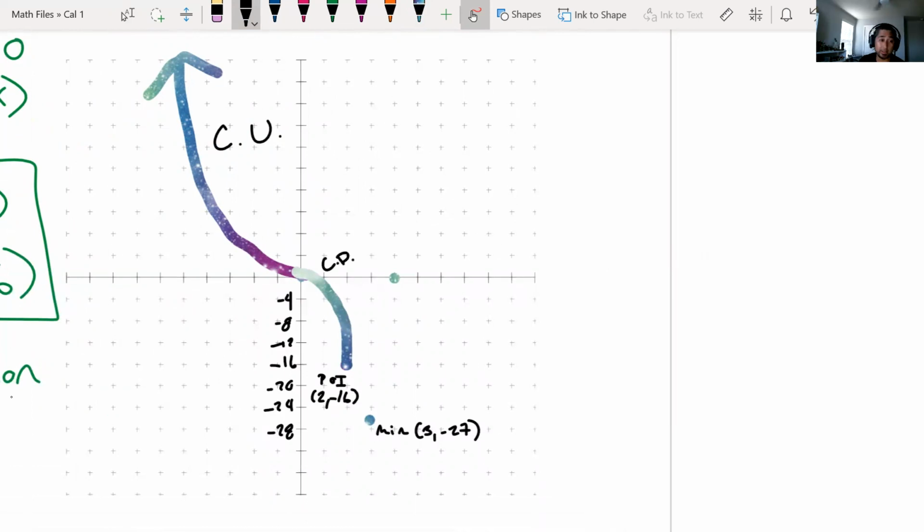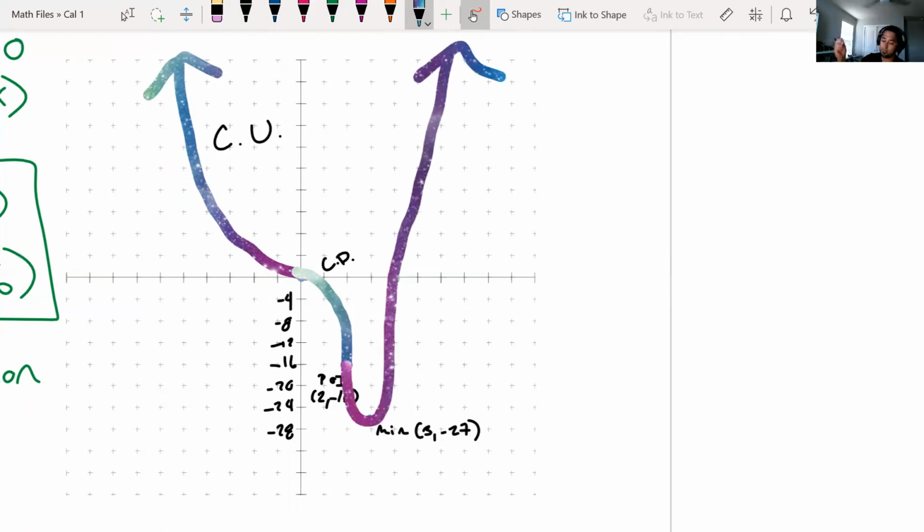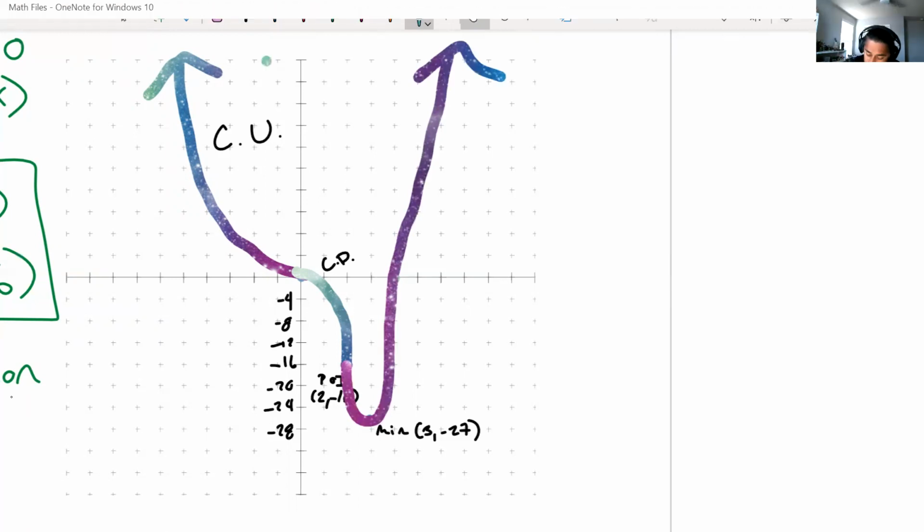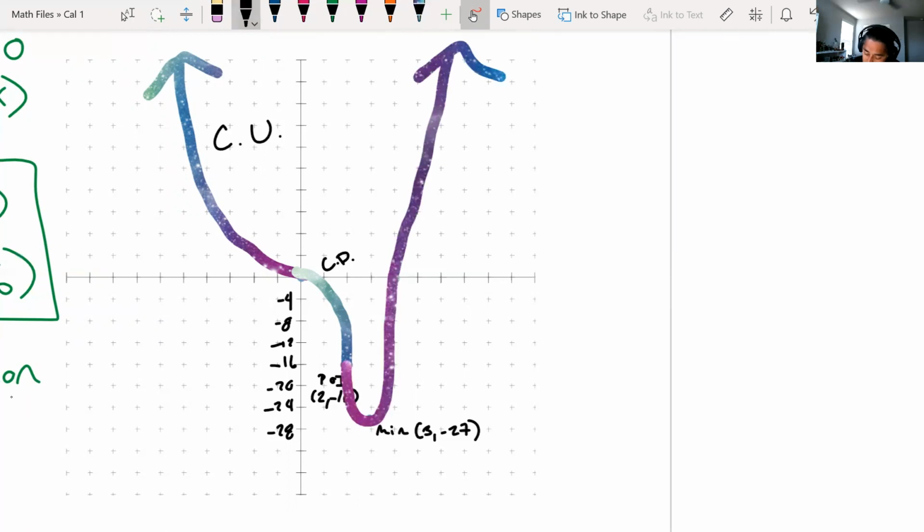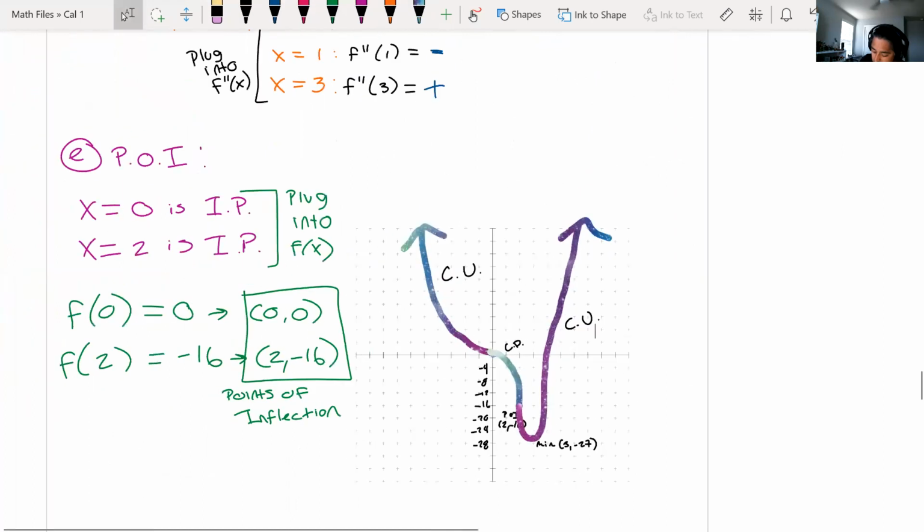And then the sign chart says from 2 to infinity, we are concave up. So at this point of inflection, we change direction and we curve back up and out. And all of that is concave up.